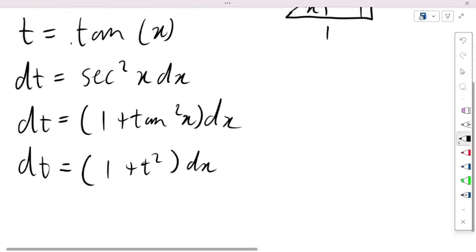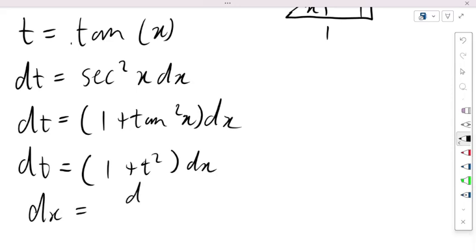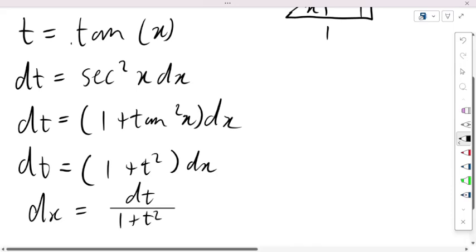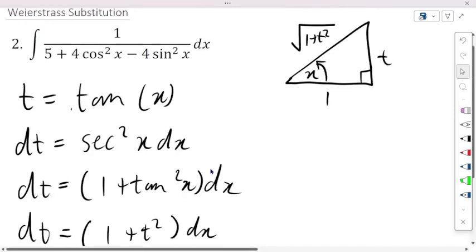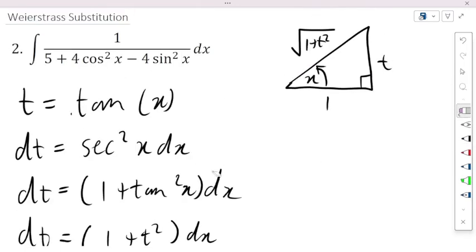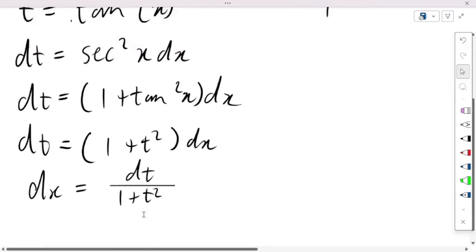And then from here, we know that dx is going to be equal to dt divided by 1 plus t squared, if we take the 1 plus t squared over. Okay. From here, what are we going to do? Well, we have dx, and now we can replace dx in terms of t. Okay, so let me just do that quickly.